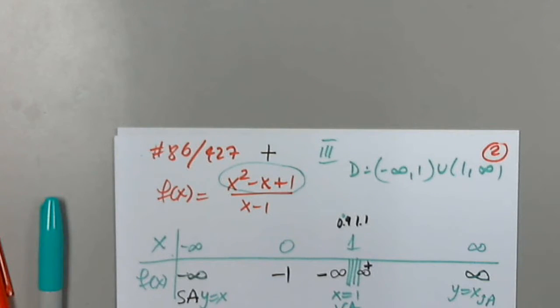Okay. So from approaching the asymptote towards negative infinity, right here, it's coming up, crossing the y-axis at 0, negative 1, and then it drops to negative infinity on the left-hand side of the vertical asymptote. One more time. From approaching the slant asymptote towards negative infinity, coming up to 0, -1, and somehow it turns, and it goes down to -infinity on the left-hand side of the vertical asymptote.